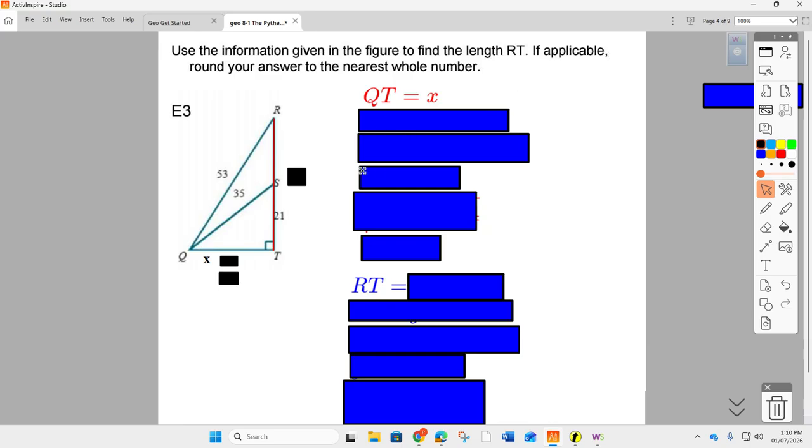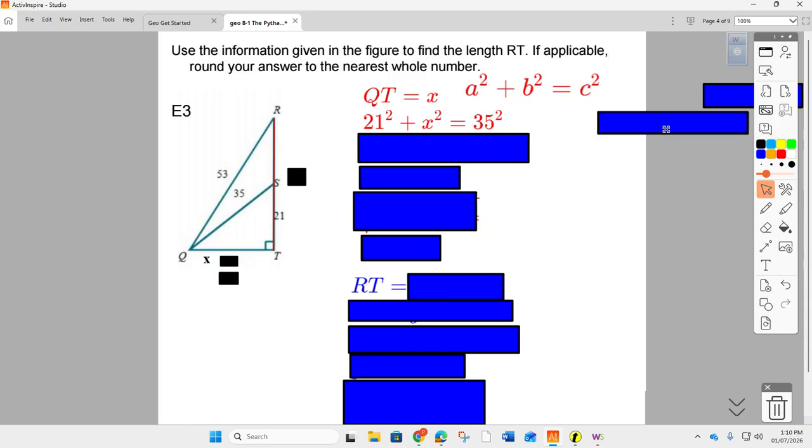So we don't know what that is, but we know one of the legs is 21, and we know the hypotenuse is 35. So we're going to plug into the Pythagorean theorem again, right? We're going to call this one A, and this leg QT, we're going to replace with X for the B, and the hypotenuse of this triangle is 35.